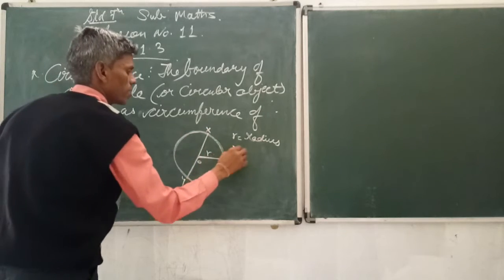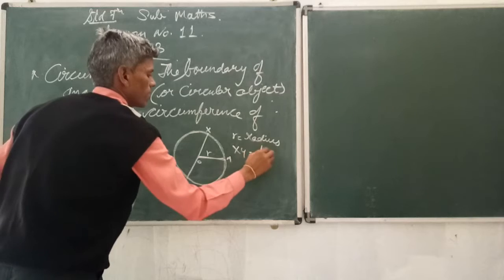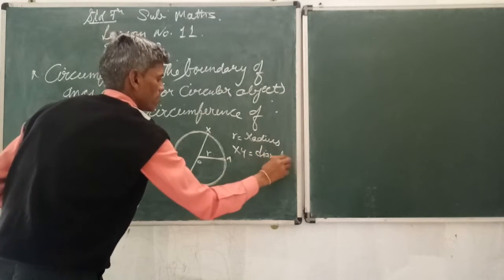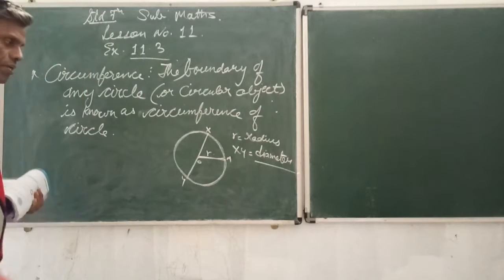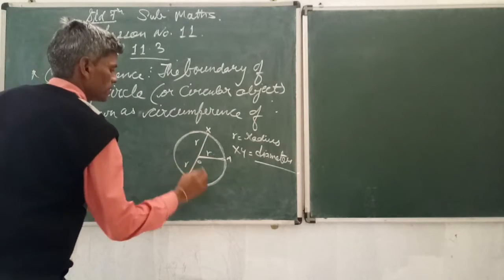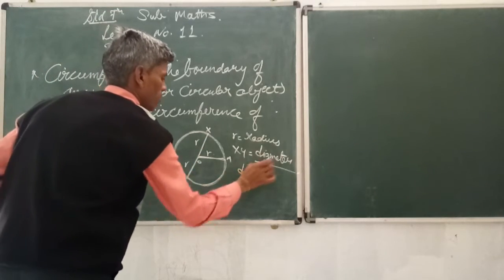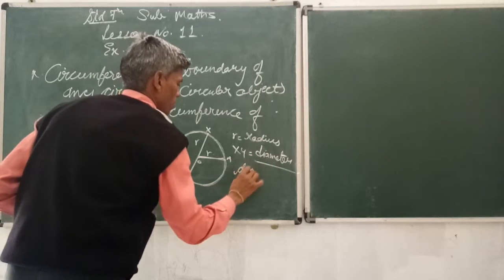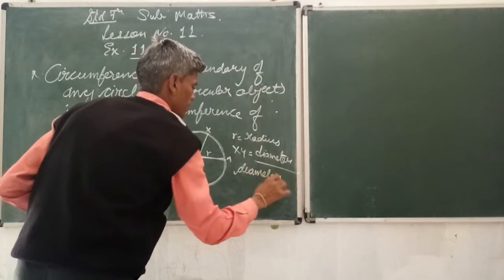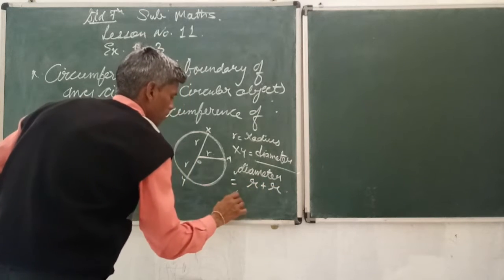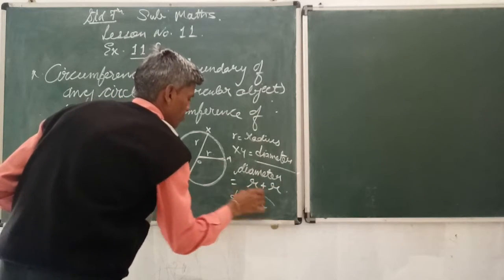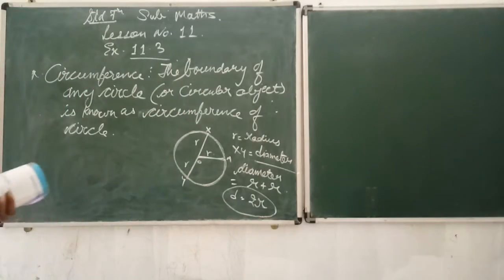XY is the diameter. This is R, this is R. Diameter is R plus R, that means D is equal to 2R. This is the formula of diameter.